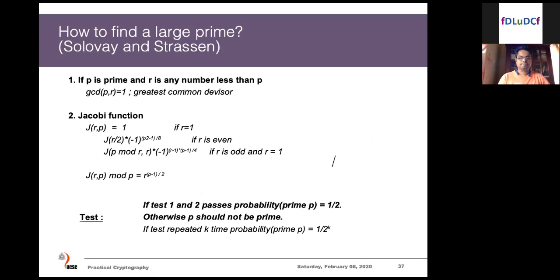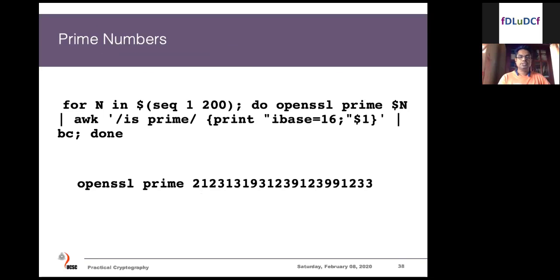But I will show you in a minute. OpenSSL will determine whether this is a prime number or not in a millisecond time interval. How do they do that? As I said, they use a probabilistic test using the greatest common divisor function. All right.